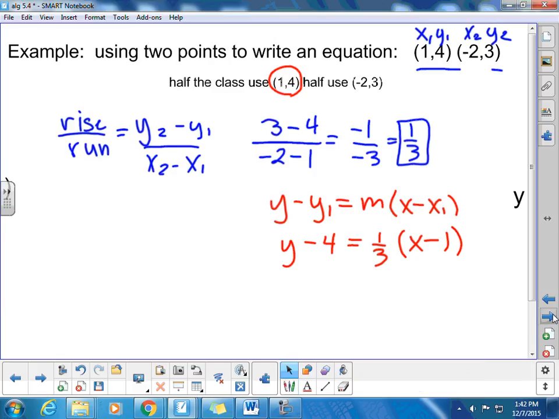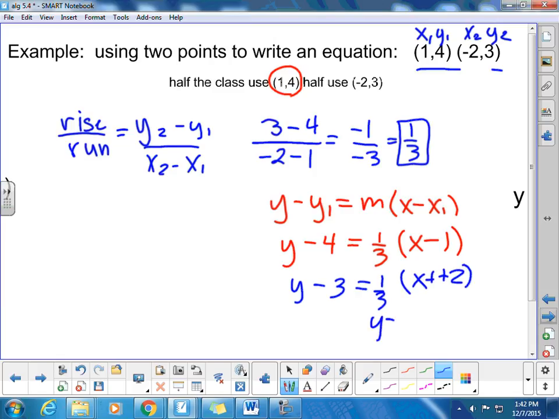I talked about the fact that yesterday, I think it was Maggie picked a different point than somebody else to start with, and they converted it to y equals mx plus b because that's what we did yesterday. If you pick the other point, you are going to get a slightly different equation at this point. We would have gotten y minus 3 equals 1/3 x minus a -2.